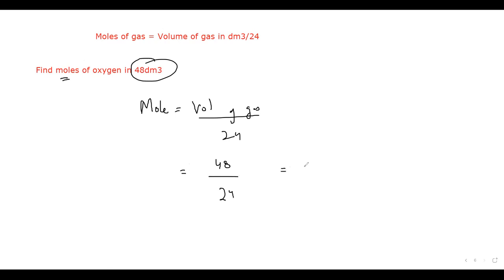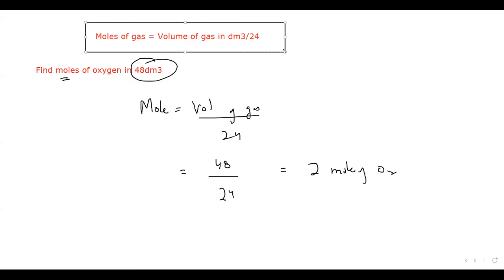If 48 is divided by 24, what do we get? We'll get 2 moles of oxygen. So if volume is given, we use this formula: moles of a gas equal volume of a gas in dm cube divided by 24. And volume should be in dm cube. If volume is given in cm cube, then you have to convert the volume into dm cube by dividing by 1000.